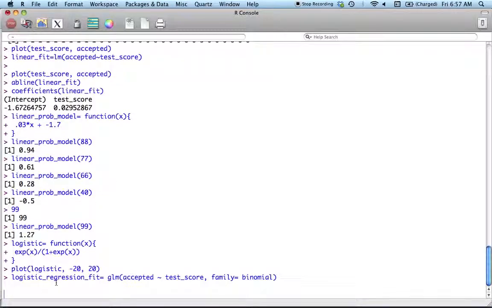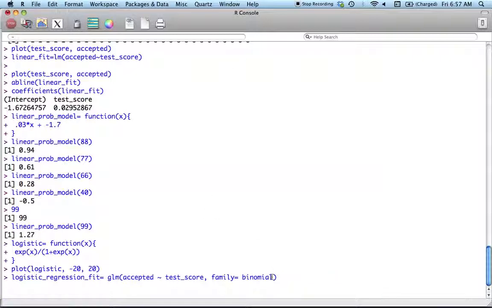Okay, how does this look? Logistic regression fit is equal to GLM, which is the function call, because I'm doing a generalized linear model. I want a model accepted as a function of test score. Now the family here is going to be binomial, because that's what my outcome is.